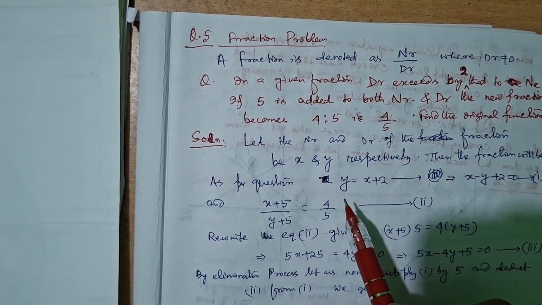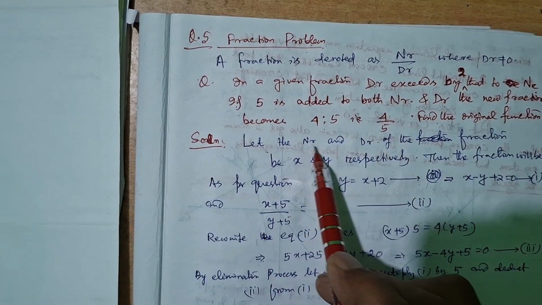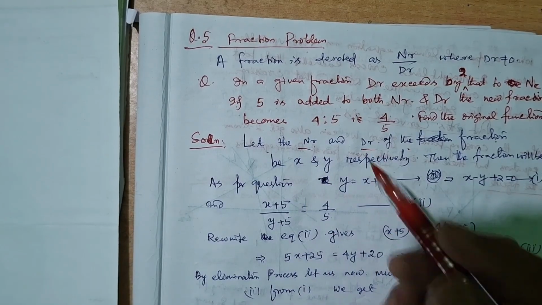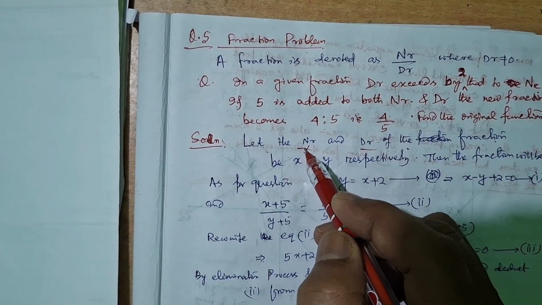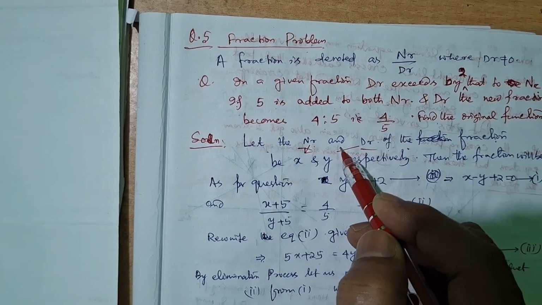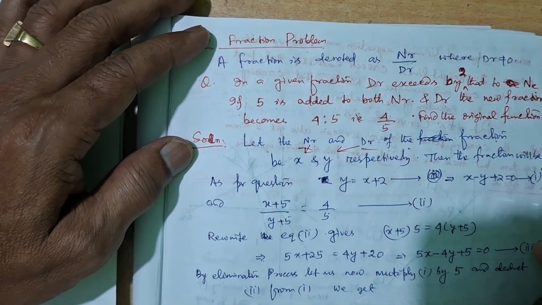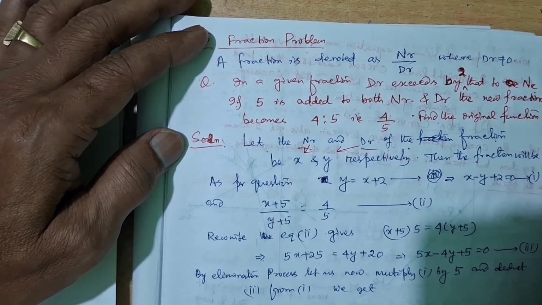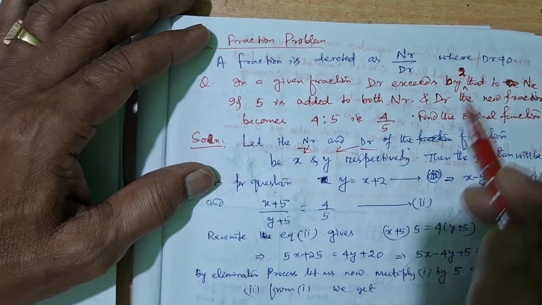So now it is unknown to us. Let x and y be the numerator and denominator respectively. So what will be the first equation? The fraction will be x by y. As per the question, y is equal to x plus 2.